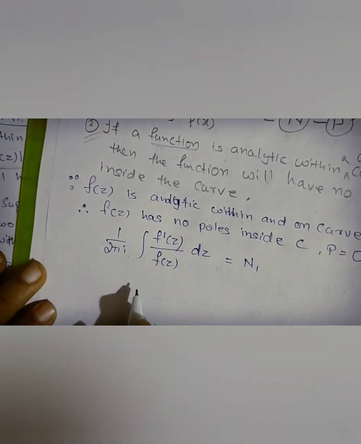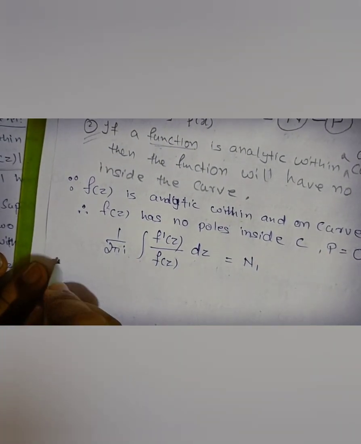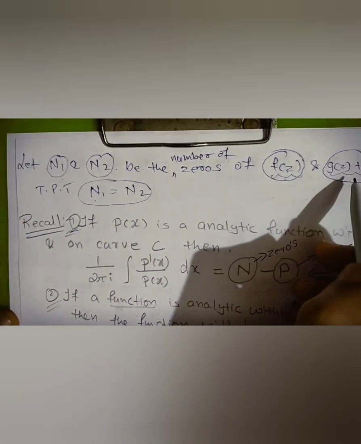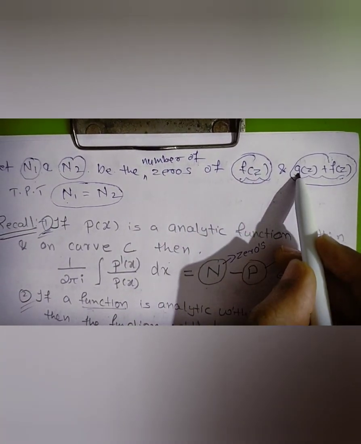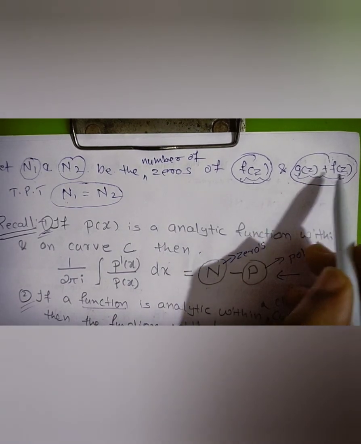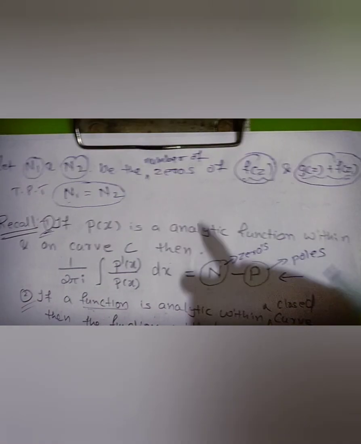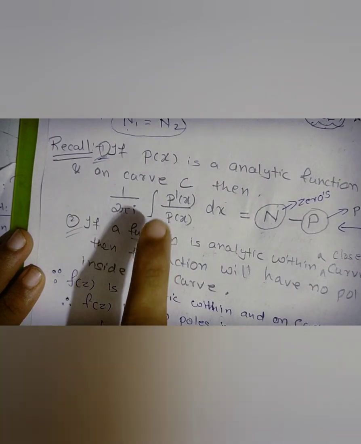And let's proceed further for my second function. My next function is g of z plus f of z. It's again the same: g of z is analytic, f of z is analytic, so the addition will also be analytic. So I can again use the same condition for the second function as well.